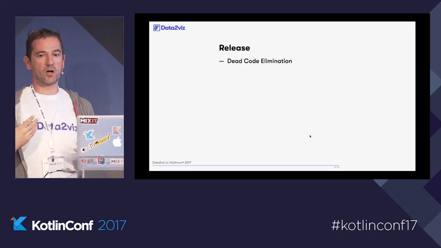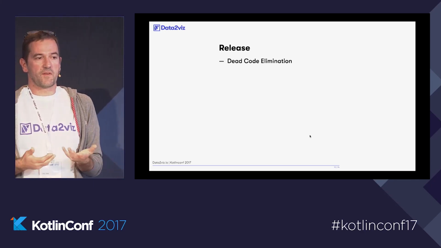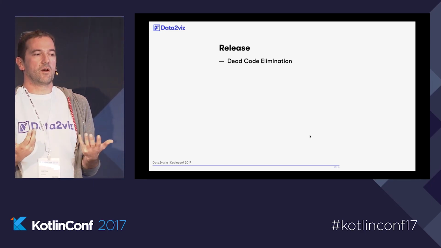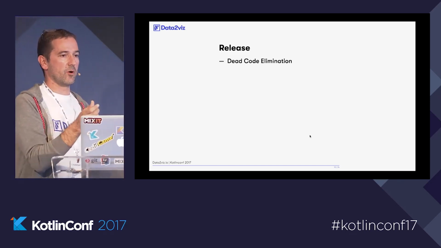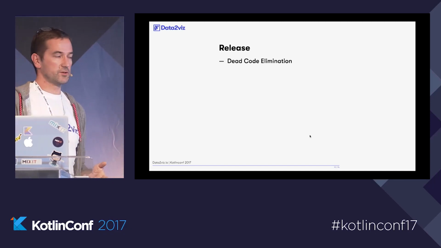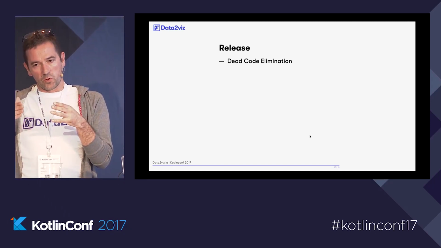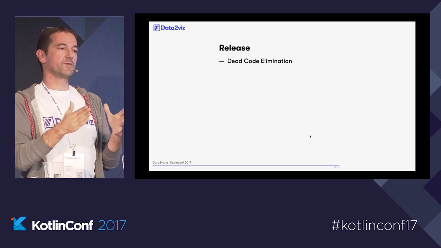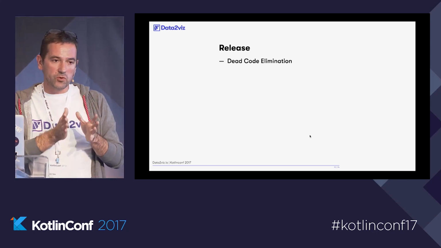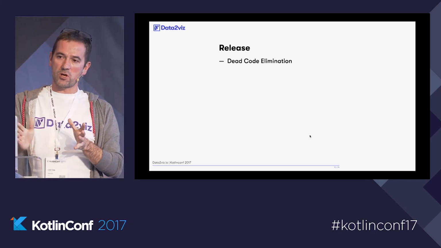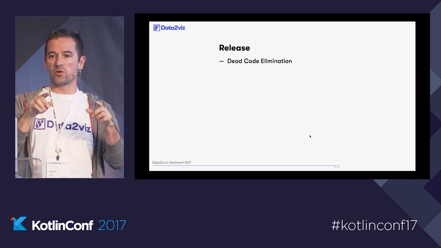So for example, in the Kotlin.js file, there is a lot of things that you are actually not using. There are all kind of APIs, and you're probably only using a small part of it. So you define the entry point of your code, and then it's doing an analysis and searching for all the classes that are linked to your entry points.